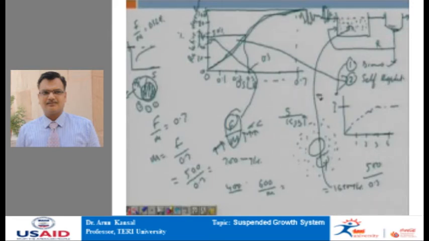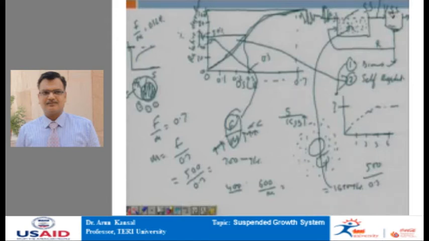Now, another point which is important for all of you to understand is how to determine the bacterial biomass concentration in the aeration tank. This bacterial biomass concentration is determined based on the suspended solid concentration, or more reliably, the volatile suspended solid concentration.